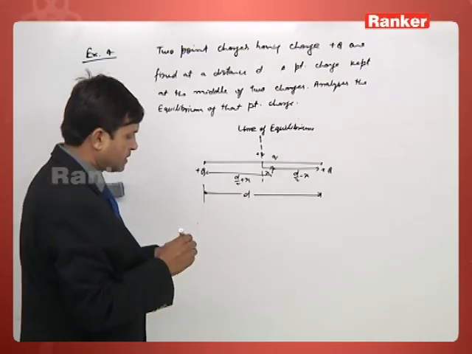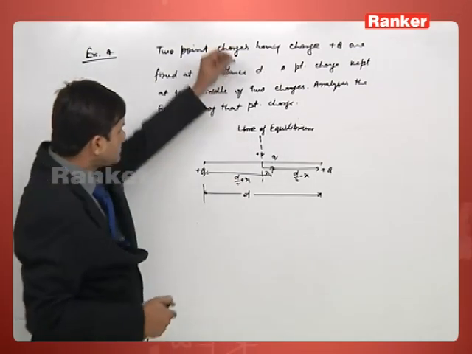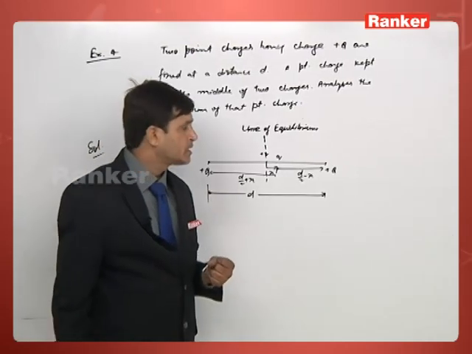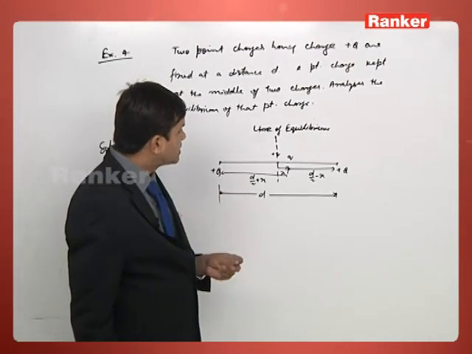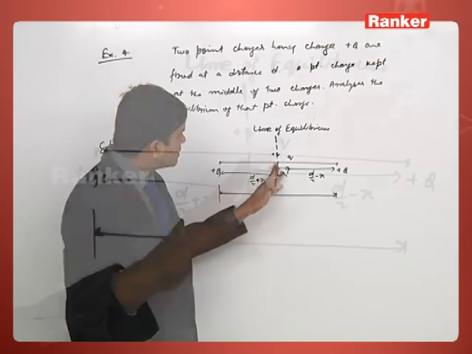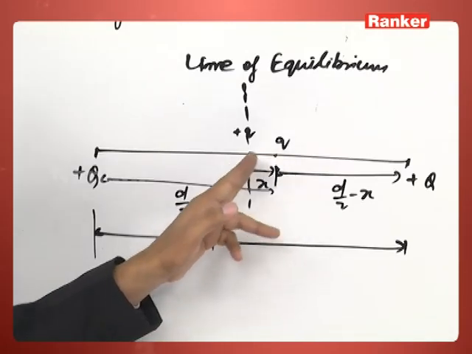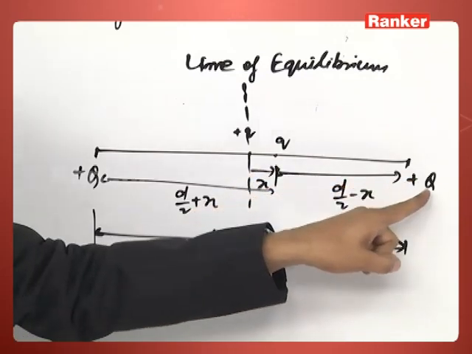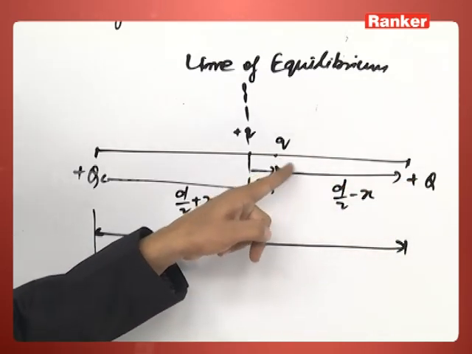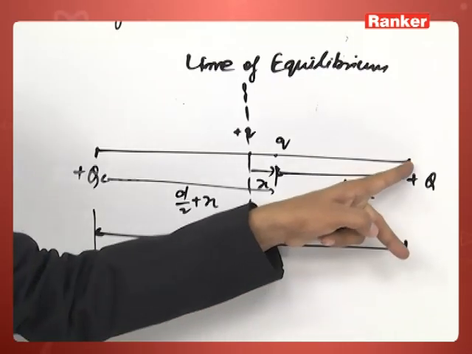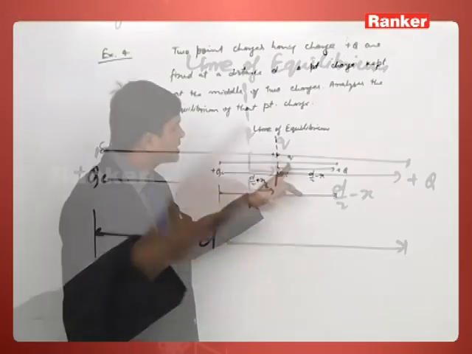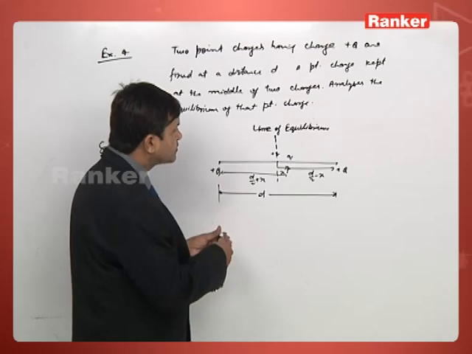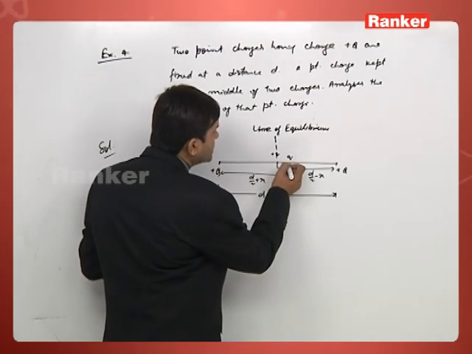First of all, we are just doing analysis. What I observe is that if the positive charge is displaced in that direction by x, the distance between plus q and this q decreases, so the force between these two increases.